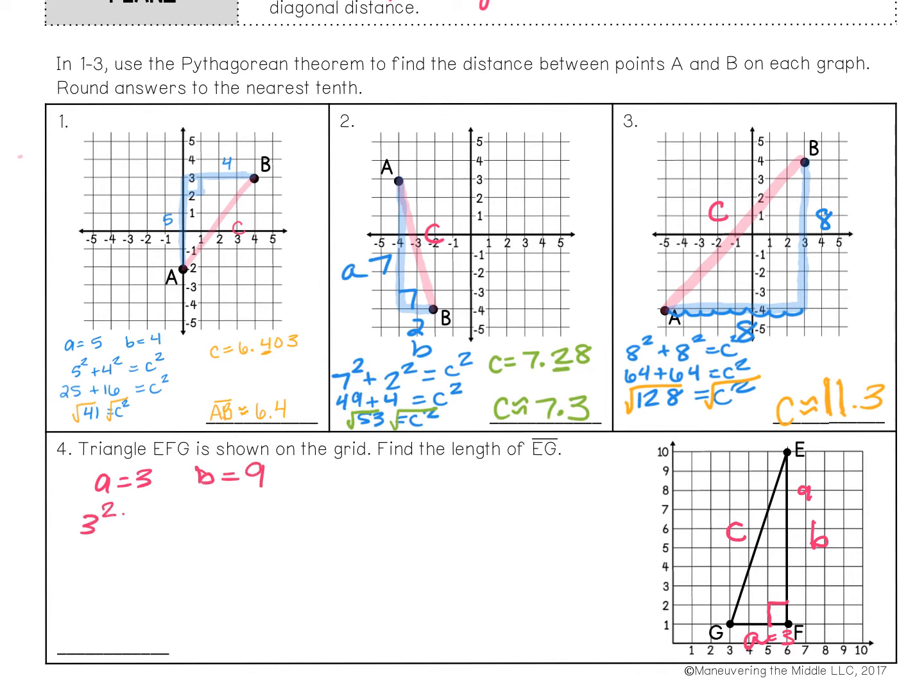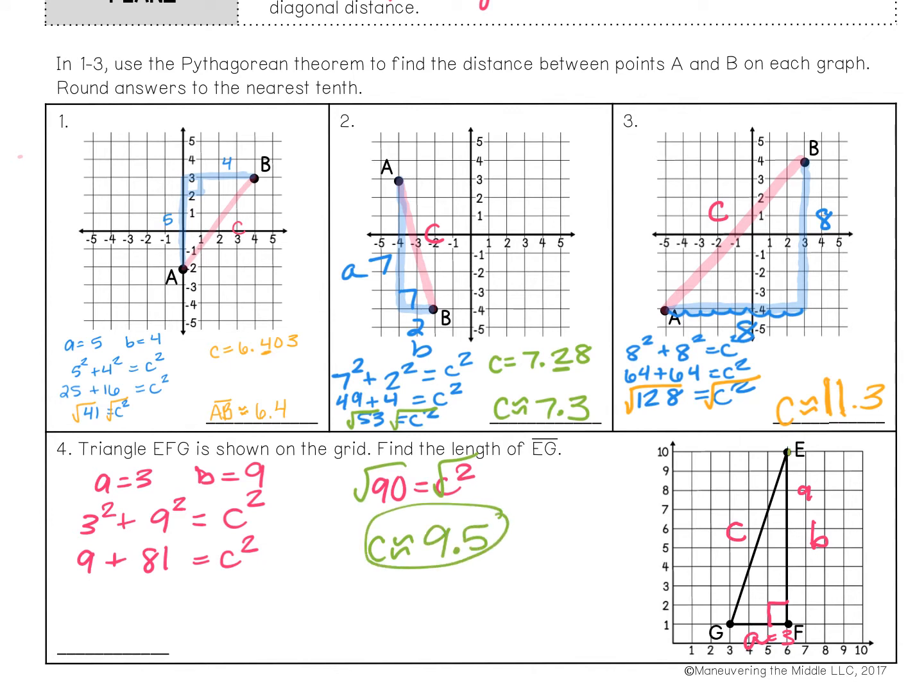So 3 squared plus 9 squared equals C squared. Last step is to take that square root. And once I've rounded to the nearest tenth, I get that C is approximately 9.5. So EG is approximately 9.5 units.